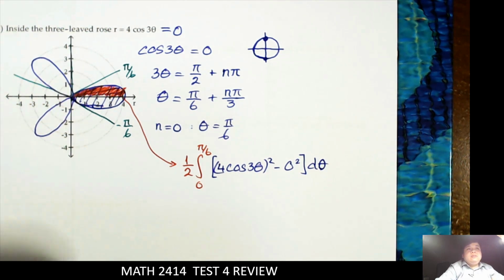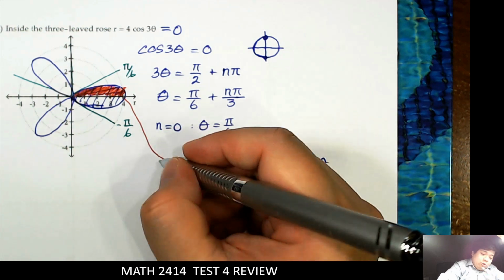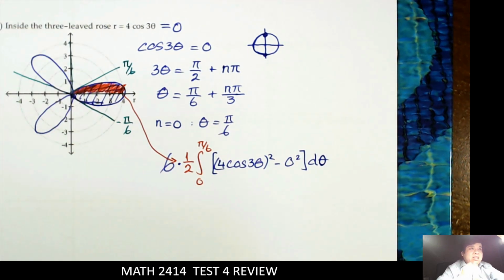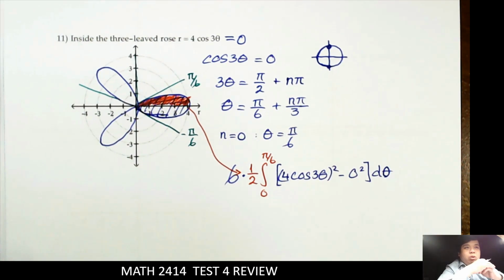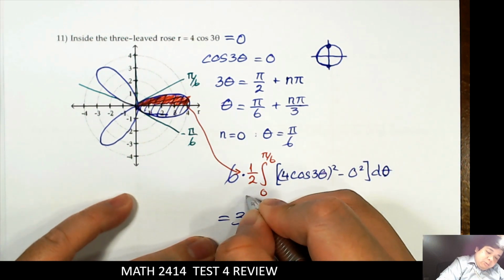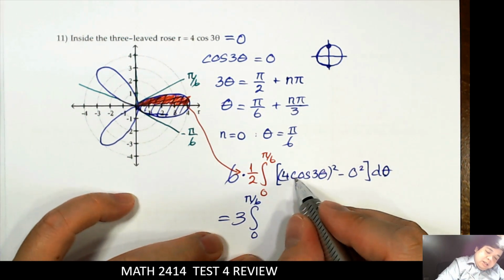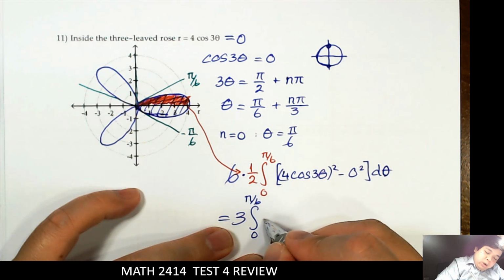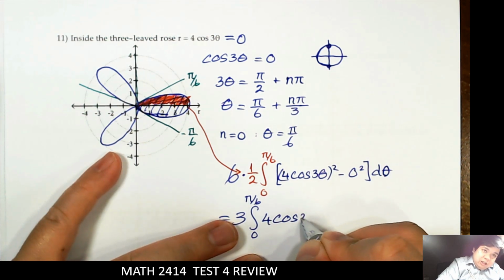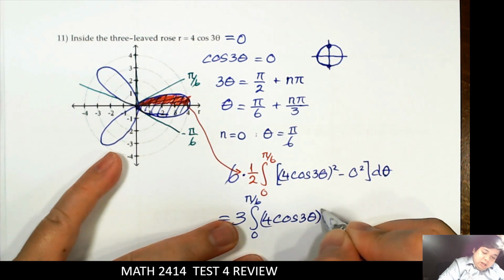d theta. Right, if we want the area of the whole thing, we have to multiply by 6 at the end, because we only calculate half of it, half of the petal. We need 3 of them, which is 6 of them, which means 3 times the integral from 0 to pi over 6 of 4 cosine of 3 theta squared d theta.